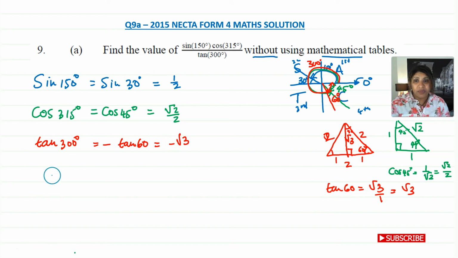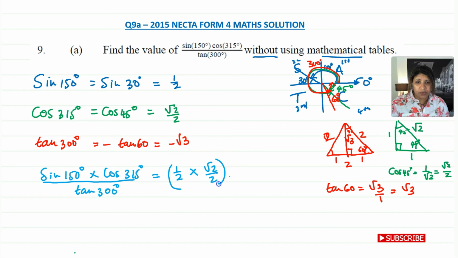Now putting everything together, we have sine 150 degrees times cos 315 degrees divided by tan 300 degrees. This is equal to sine 150 degrees, which is half, times cos 315, which is root 2 over 2, divided by tan 300, which we know is negative root 3.